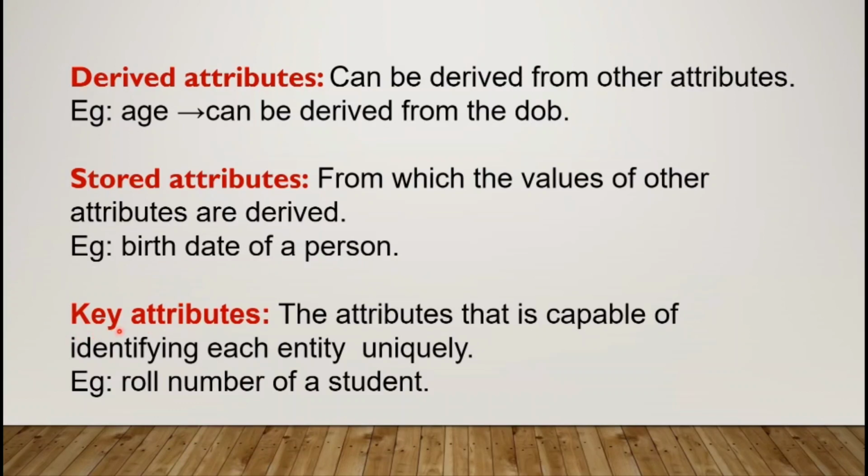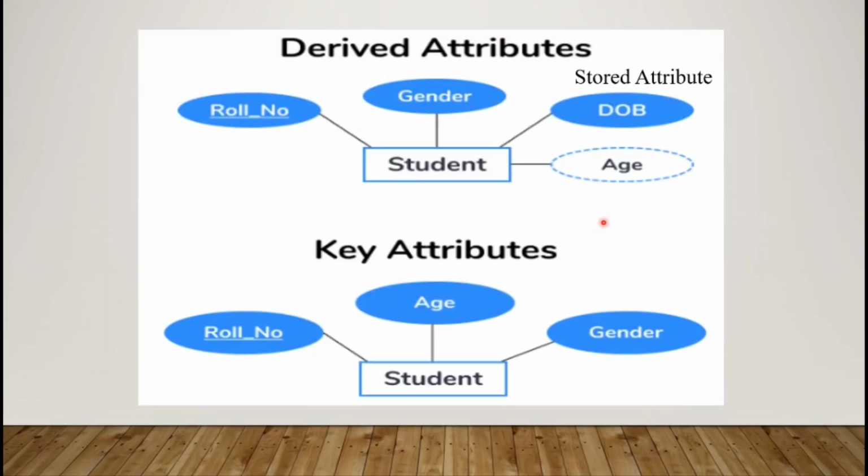Next, key attributes. An attribute that is capable of identifying each entity uniquely is called a key attribute. For example, the roll number of a student. Obviously, a student has a unique roll number. So the roll number will be considered a key attribute or a primary key. Let's consider the ER diagram of derived attributes and key attributes.